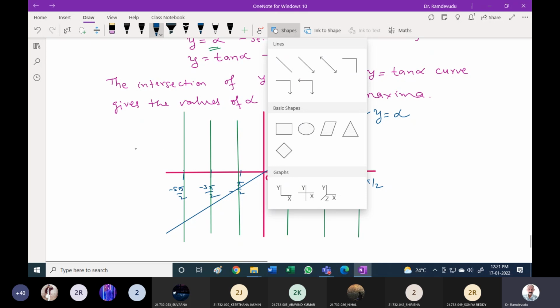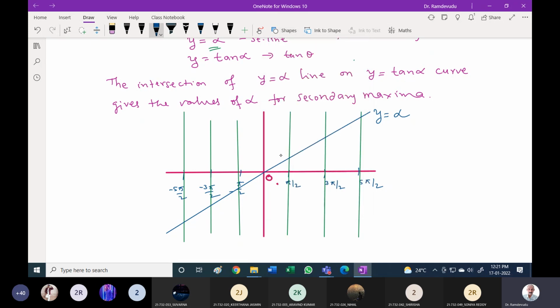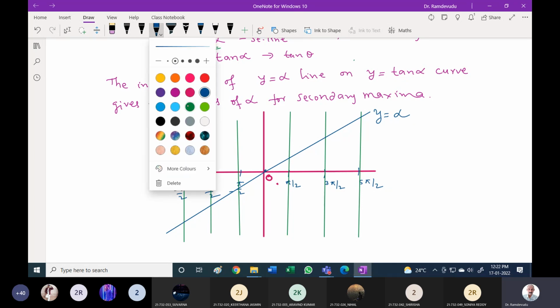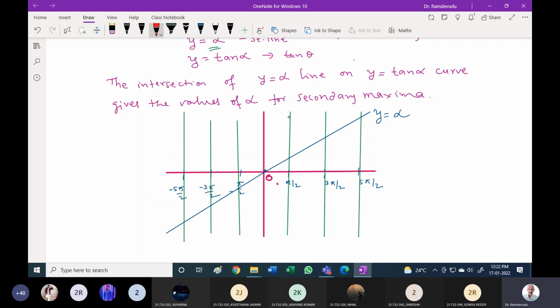You know that tan 0 is 0. Can you tell me what is the value of tan 90 degrees, tan π/2? Undefined.